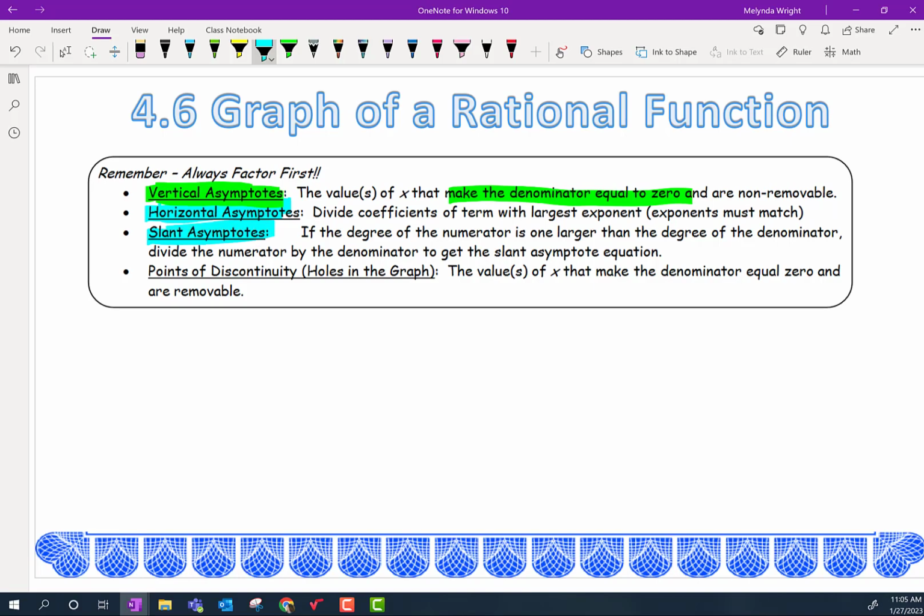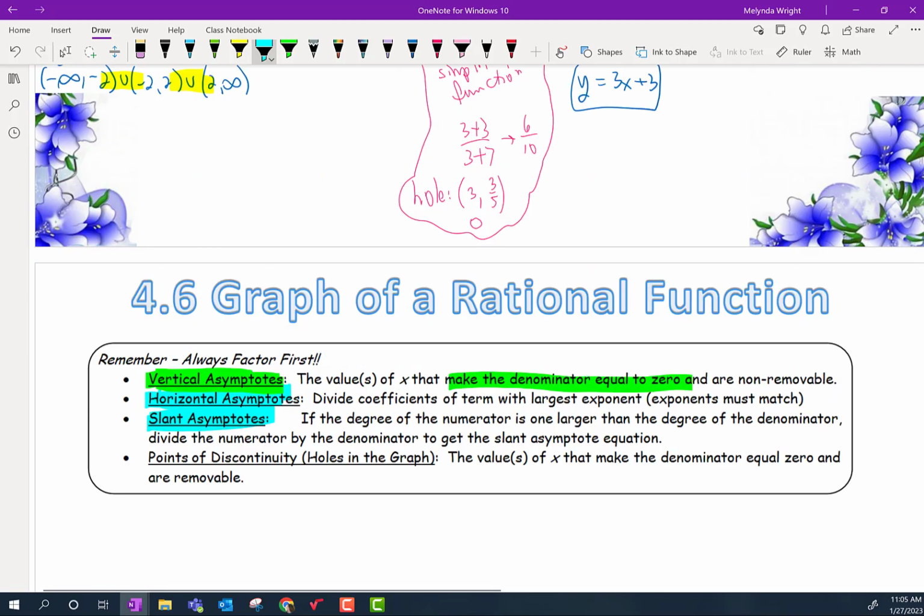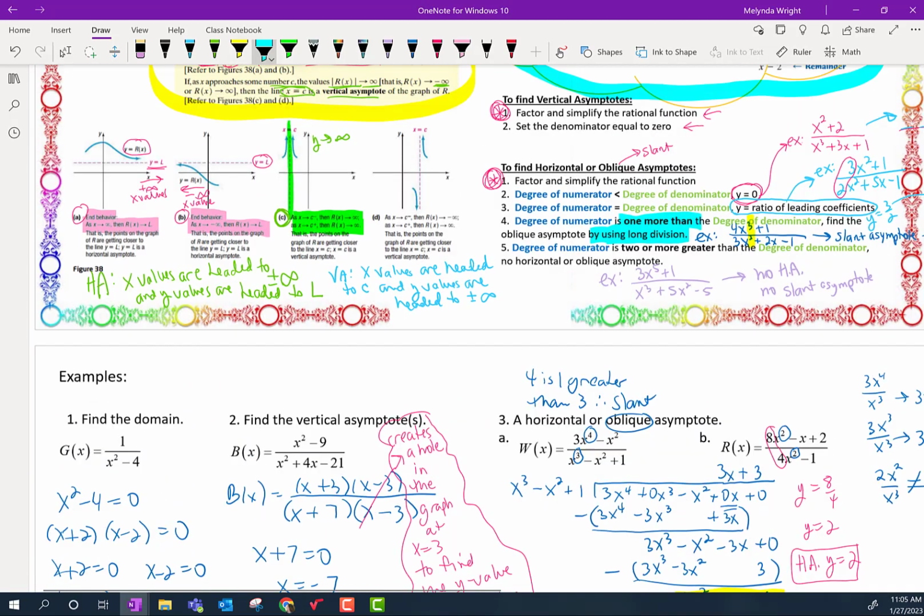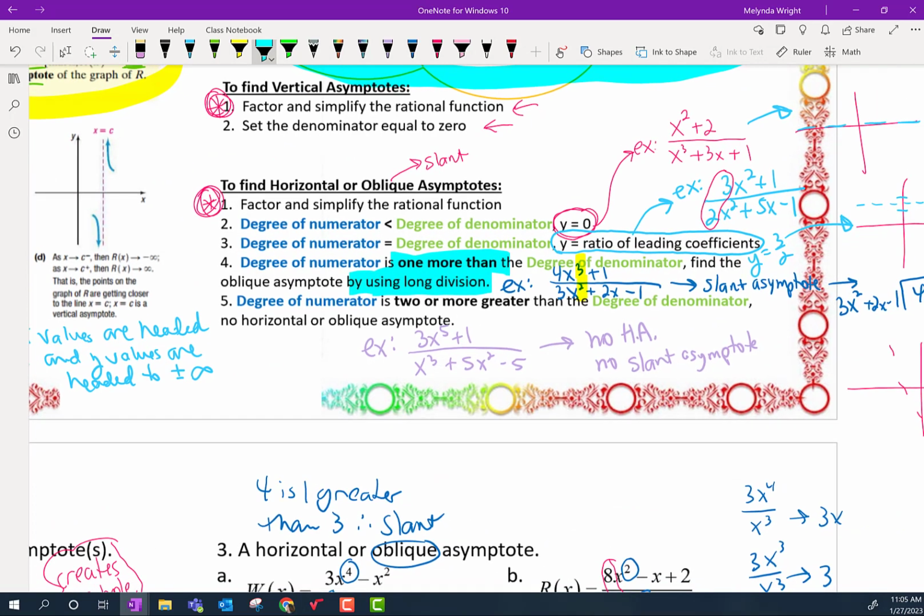Let's look at the notes real quick. For horizontal asymptotes, if you recall, we look at the degree of the numerator. If the degree of the numerator is smaller than the degree of the denominator, then our horizontal asymptote is y equals 0.